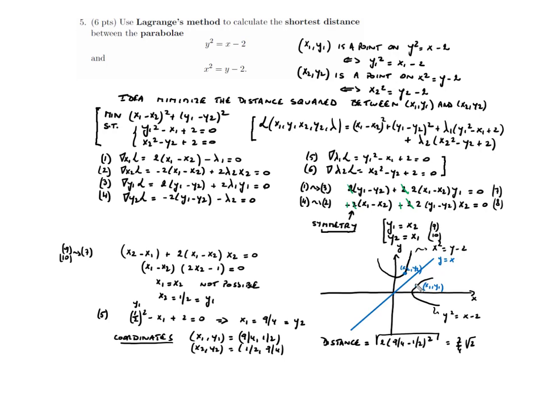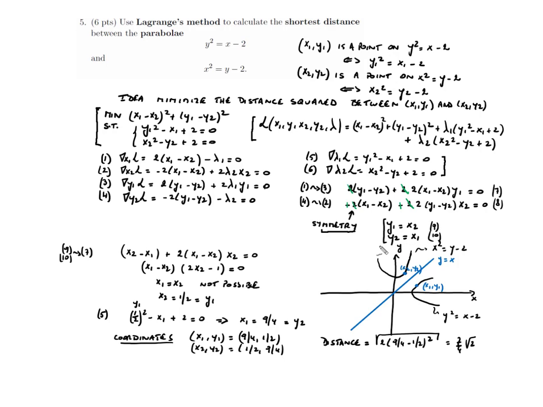At the points where you'll have the minimum distance, you can see because of this symmetry that indeed y1 is equal to x2 and y2 is equal to x1.